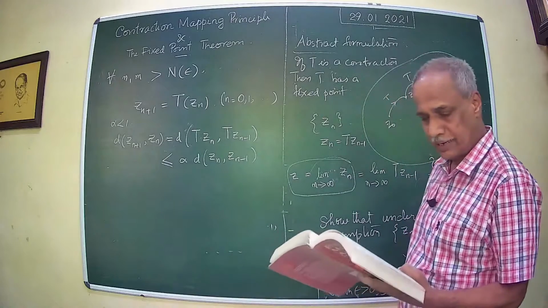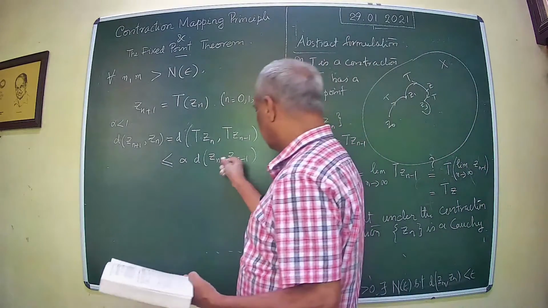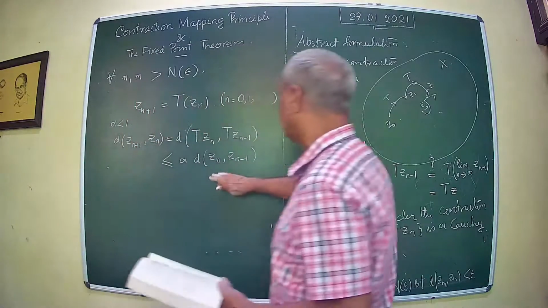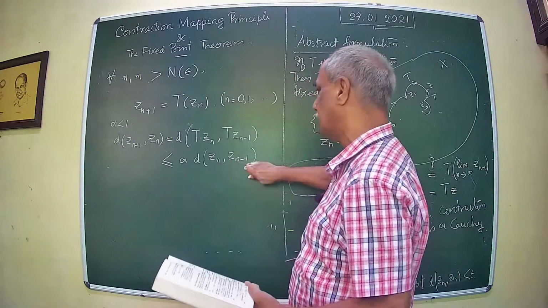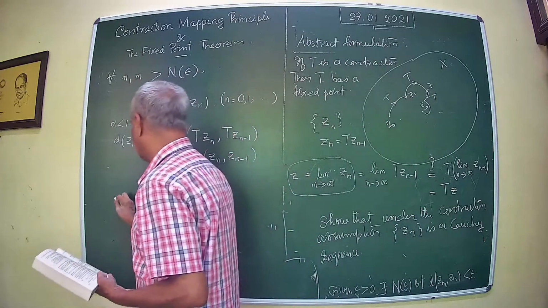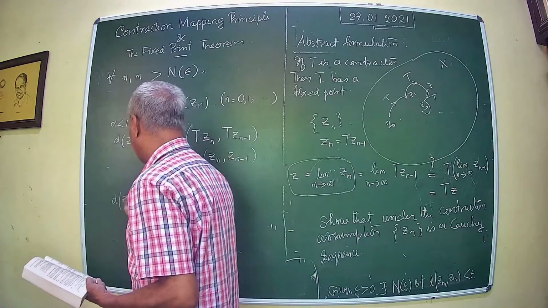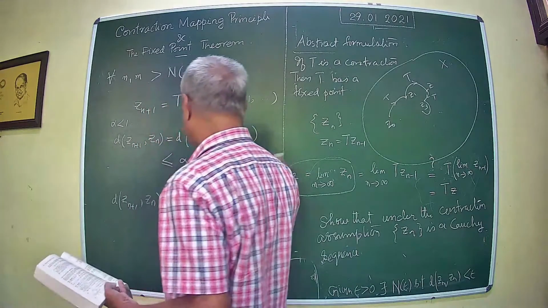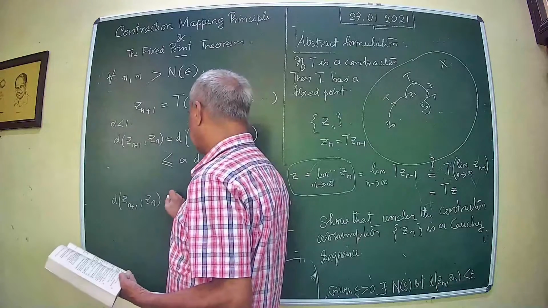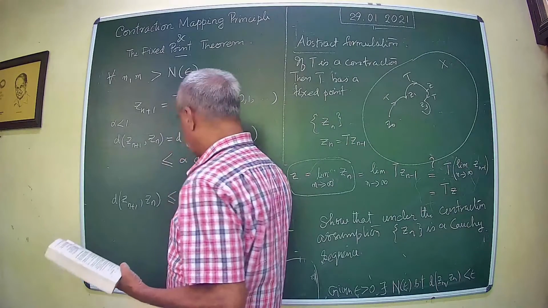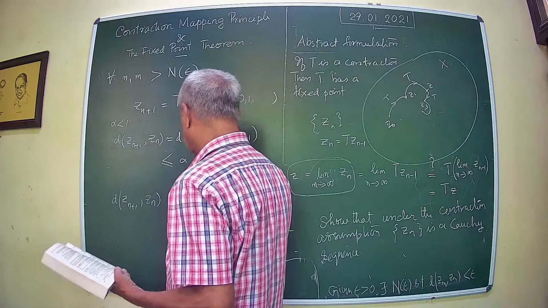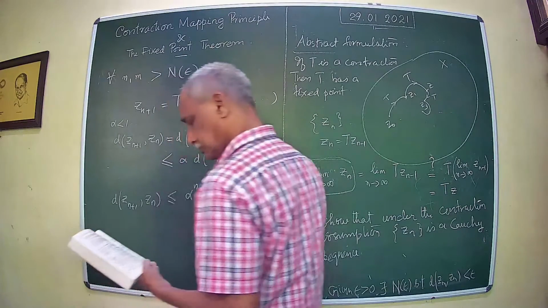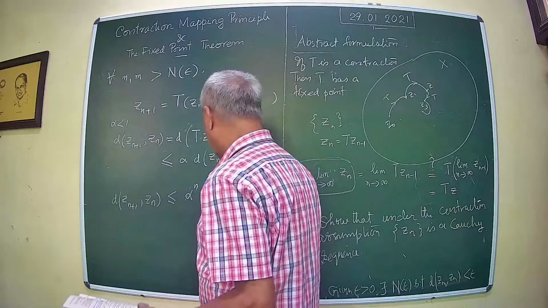Okay. Now what I do is, you can essentially prove the following. You can link everything to the distance between Z1 and Z0. So you can show that d of Zn plus 1, Zn, by repeatedly applying it, is less than or equal to alpha to the power n times d of Z1, Z0.